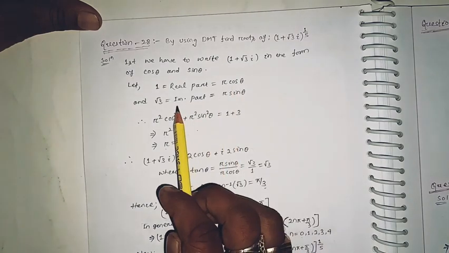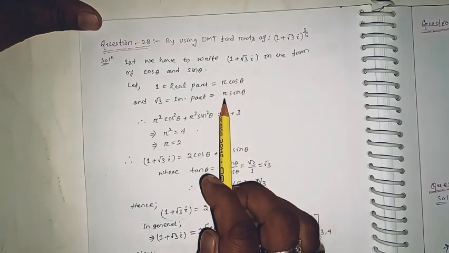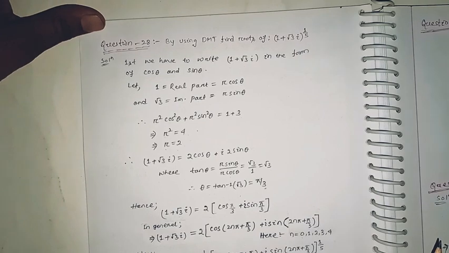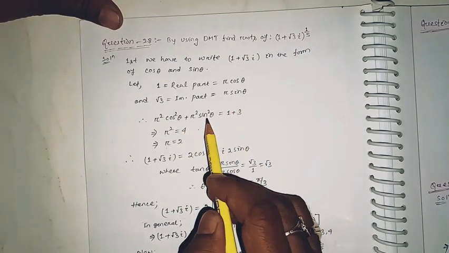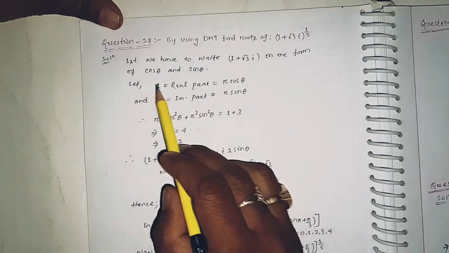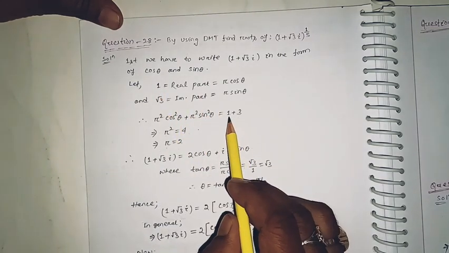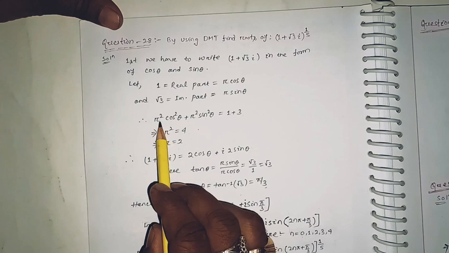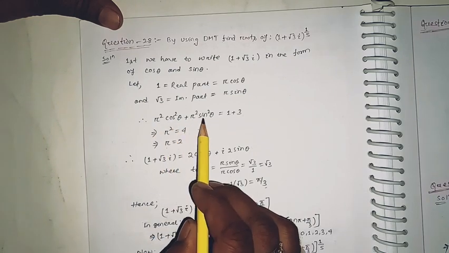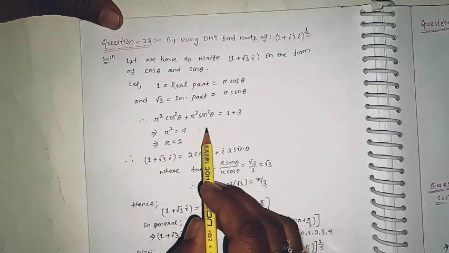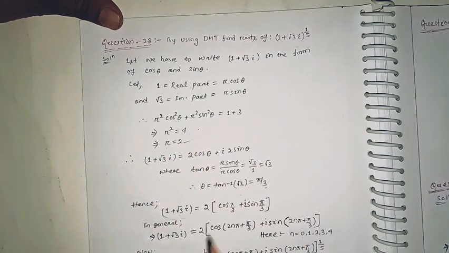Root 3, the imaginary part of this complex number, is considered as r sin theta. Now r² cos² theta plus r² sin² theta will be how much? Here 1² plus root 3² means 1 plus 3. And if we take r² common, this will be cos² theta plus sin² theta, which is 1. So r² equal to 4, r will be equal to 2.